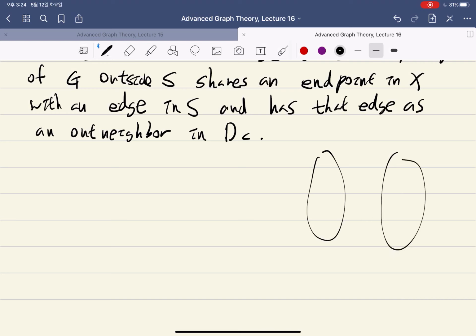Meaning that if there is an edge UV, then we consider all the edges incident with U. Among that, 1, 2, 3, 4, we choose the edge with the largest C value. Then this edge must be X maximal.